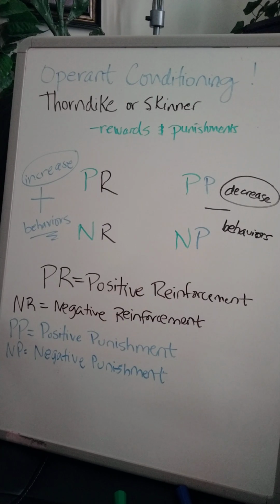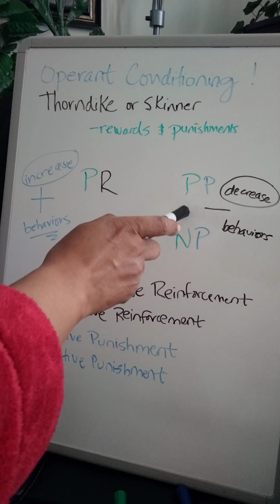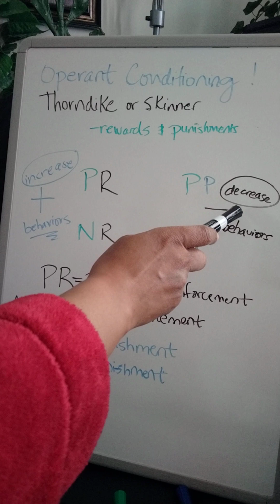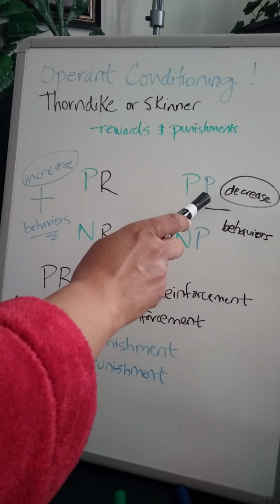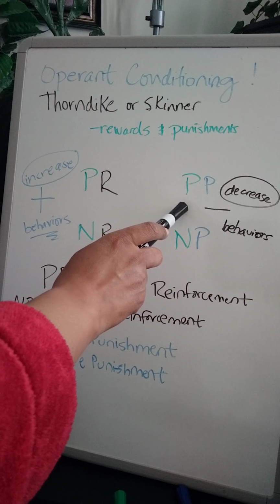Unfortunately, I have to spank him. That's the only way he stops biting company. So I want to decrease the behavior of him biting my company. So I'm going to use positive punishment, which is the spanking, because I want to decrease that bad behavior. And it works. Little Mikey stops biting people when I spank him.